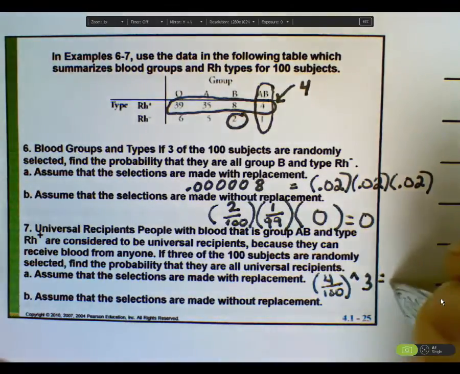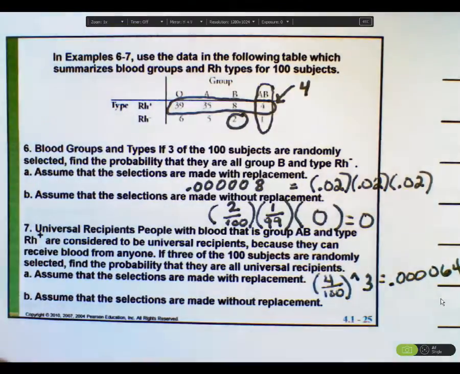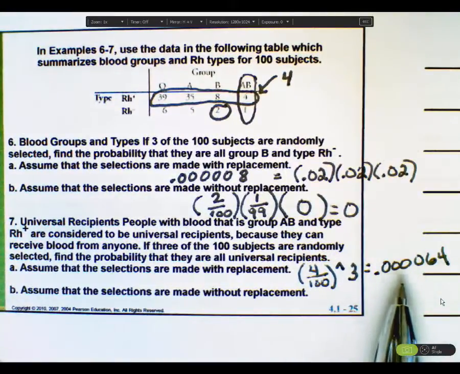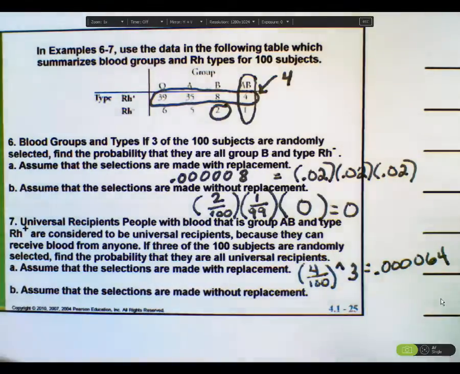that is 0.000064. So a very low chance that all 3 would be universal recipients. But what if I did that without replacement?